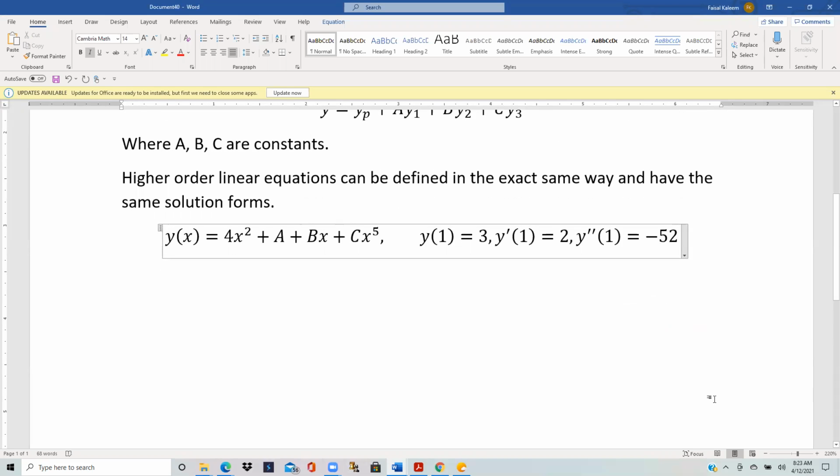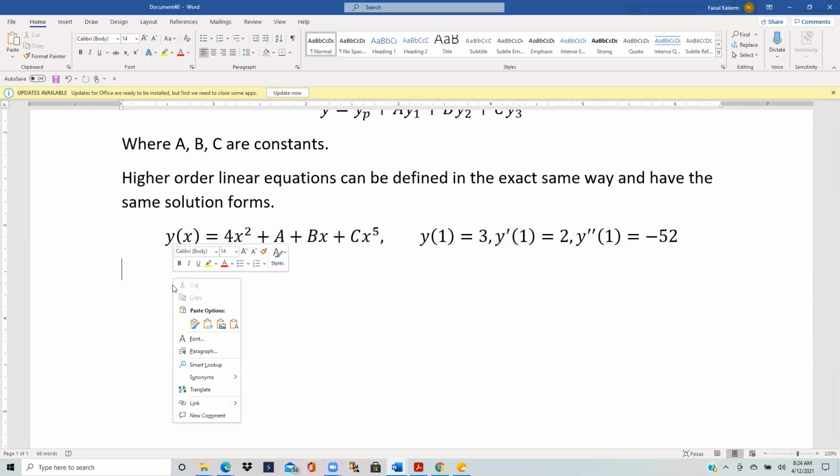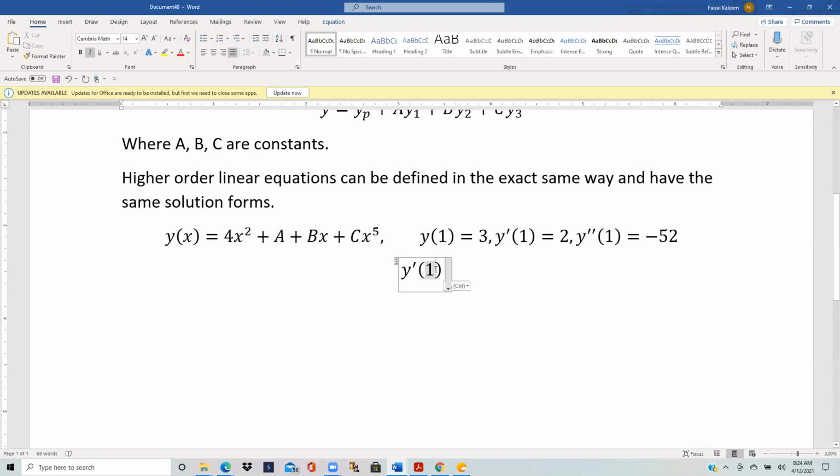Okay, so let's take the derivatives. When we take the derivative of this equation, we get y prime of x equals 8x. Now a is a constant, so its derivative is 0. Derivative of bx is b.